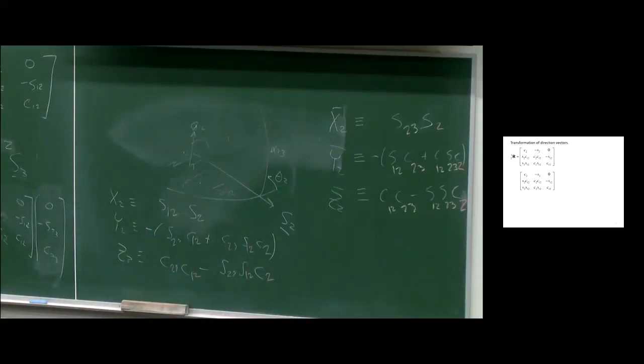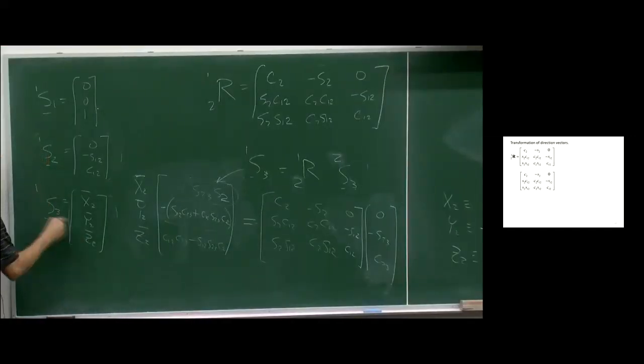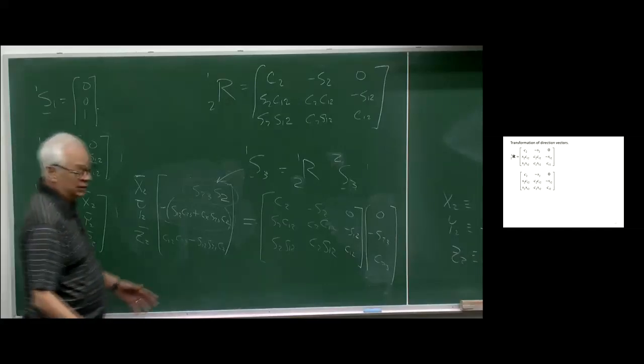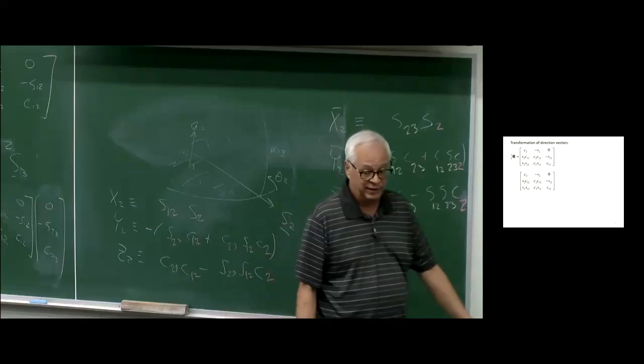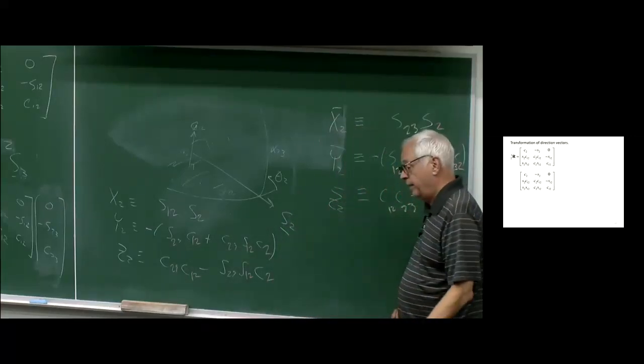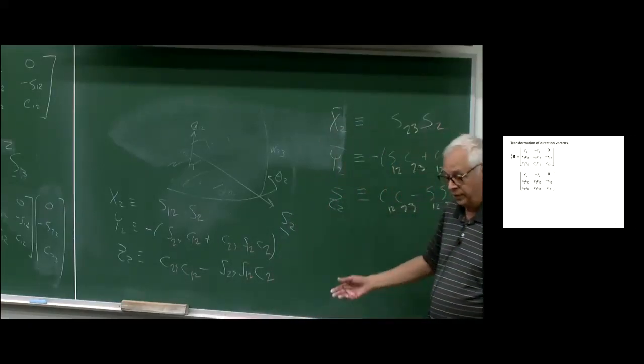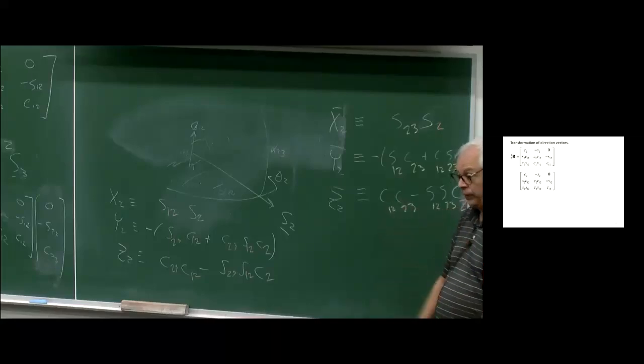This is a unit vector, right? S3 in the first. So its x coordinate, its x direction values, that squared plus that squared plus that squared have to add up to 1 to be a unit vector. So it will symbolically. If I was to go into Maple and write this all out and then apply those trig identities about how the sine squared of theta 2 plus the cosine squared of theta 2, that grouping would happen, and it would equal 1.